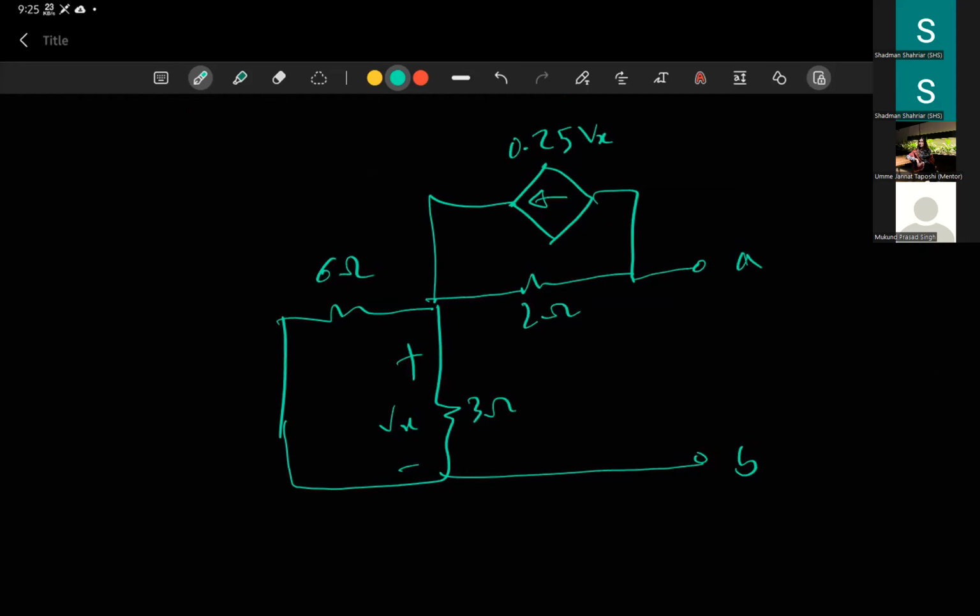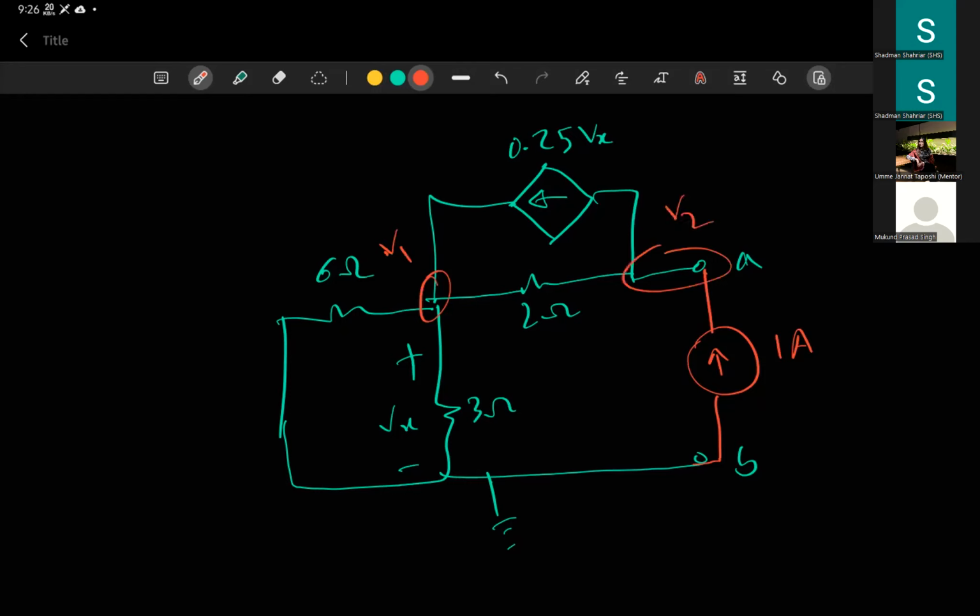So you include a 1 ampere current source, or 1 milliampere if you're doing milli-kilo math. If you have milliamperes and kilo ohm math, this is how you would do it. You would do nodal analysis on this problem and find the voltage of this node and this node.